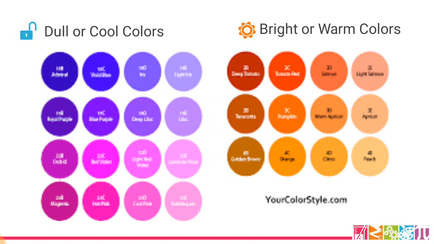Usually when the weather is hot, people wonder why someone wears red, it is so hot. Because it belongs to bright or warm colors. And we also have cool colors here. So I believe that each one of us really has our own preference, whether we choose cool or warm colors.